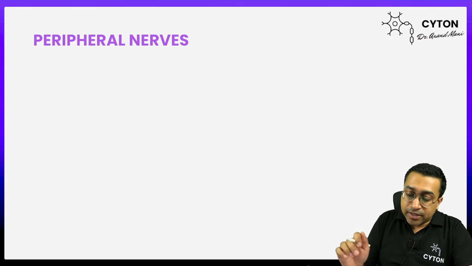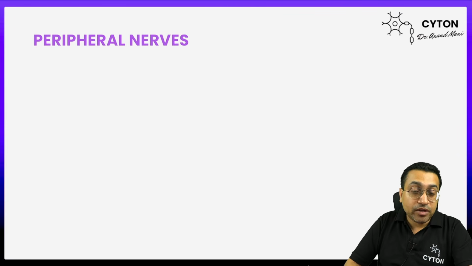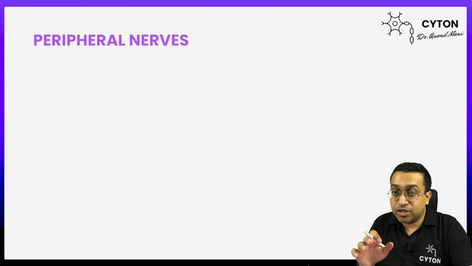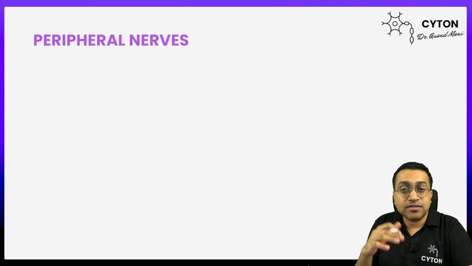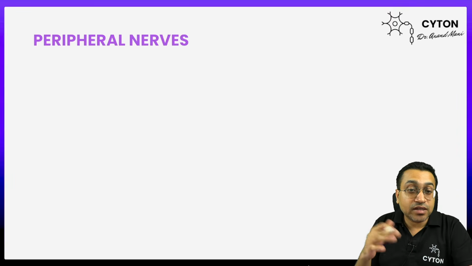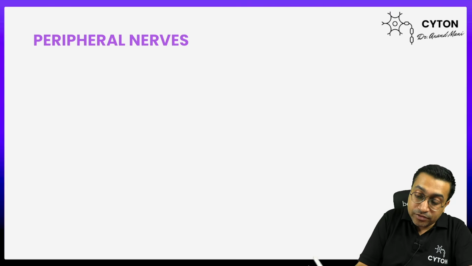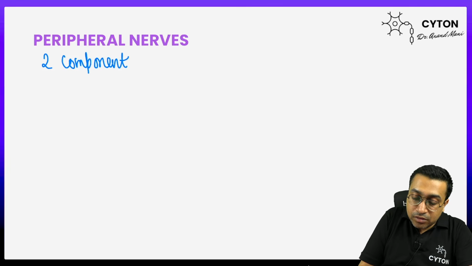Okay. Next we come on to the peripheral nerves. Now peripheral nerves form a communication between the organs and the central nervous system, and they consist of 2 components. Okay. What are these?